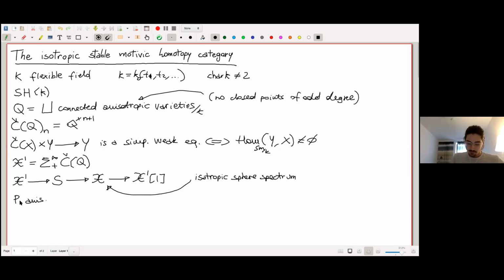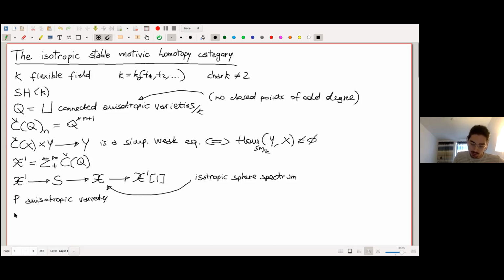Okay, so if we start with an anisotropic variety P, then for sure there are morphisms from P to this Q, which is the union of all these connected anisotropic varieties. In particular, I get that this projection is a simplicial weak equivalence.